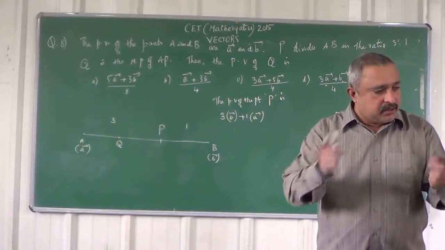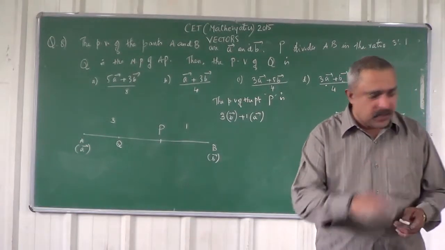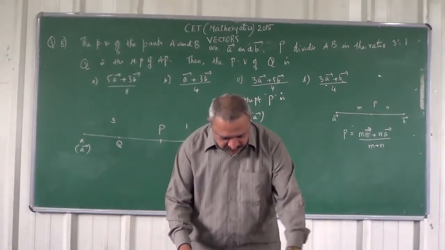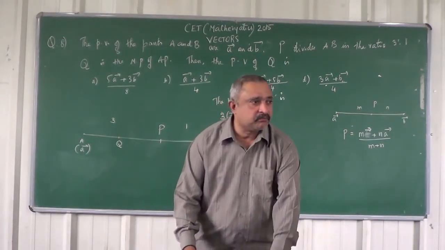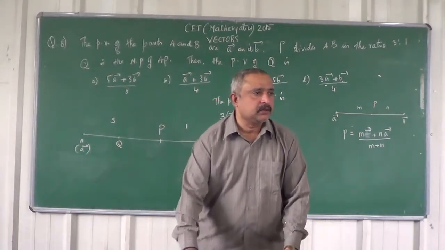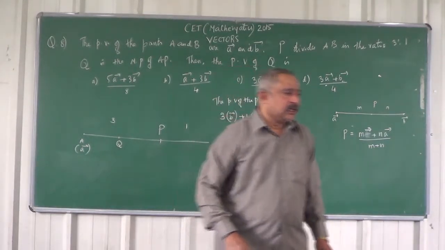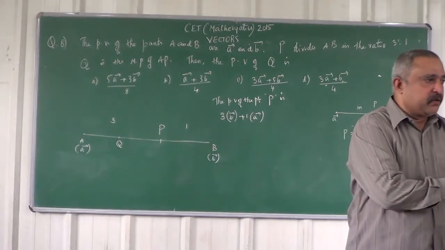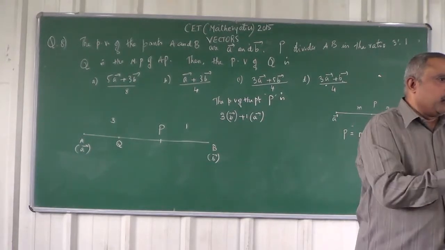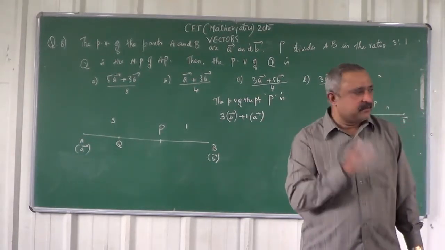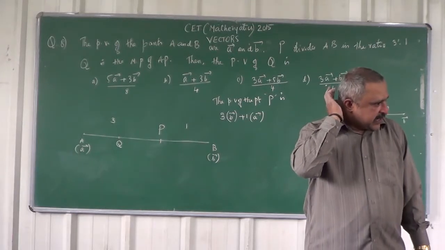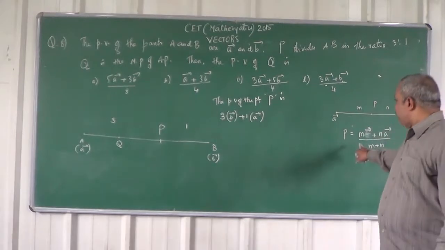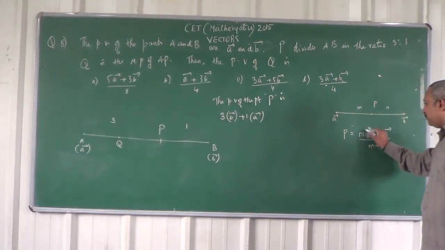Now refer to your notes and also refer to the material that I have given. This is the correct formula, N A plus M B by M plus N. This is the M B vector.